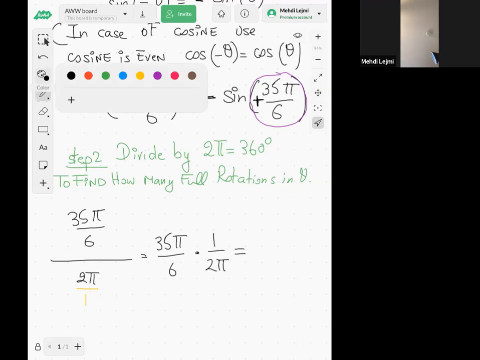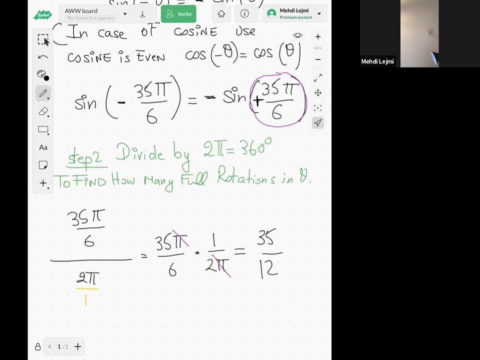Cancel out the pi's. So it's just 35 over 12. Now, when you divide 35 by 12, you're gonna have 2, and you will be left with 11. So 2, and you're left with 11. So this number 2 here is important. It means that we have 2 full rotations.